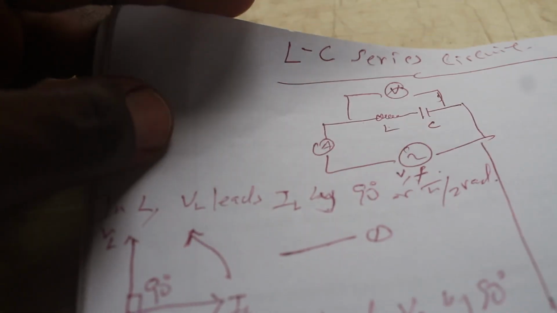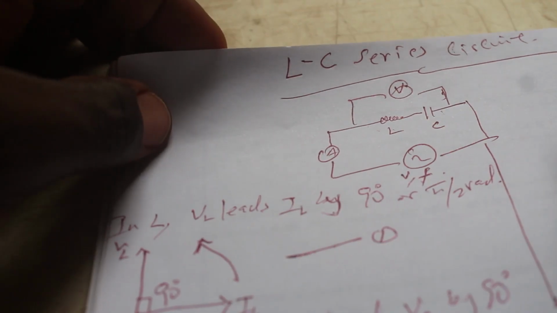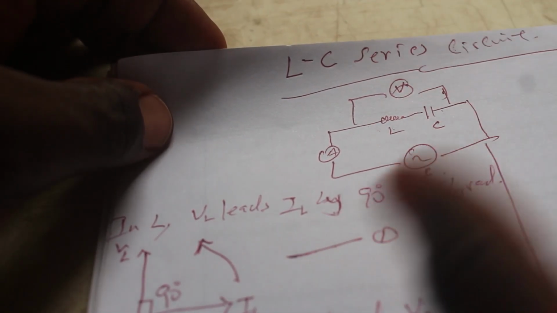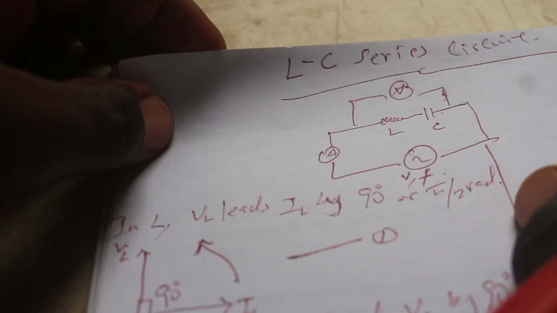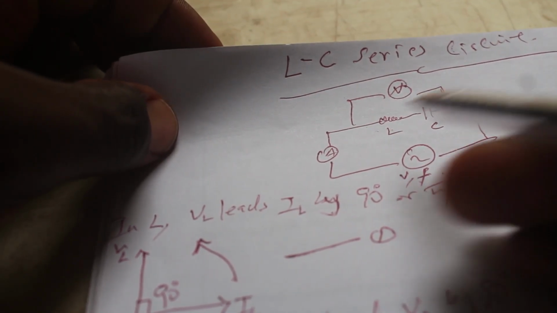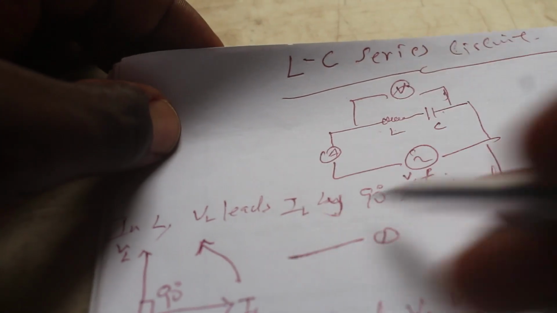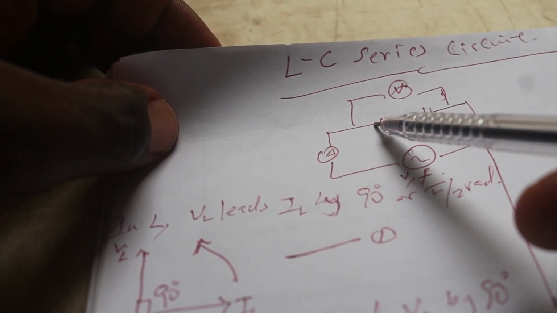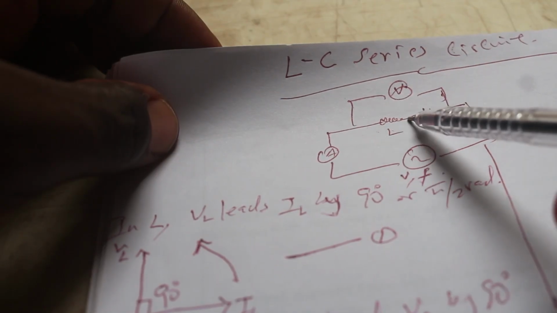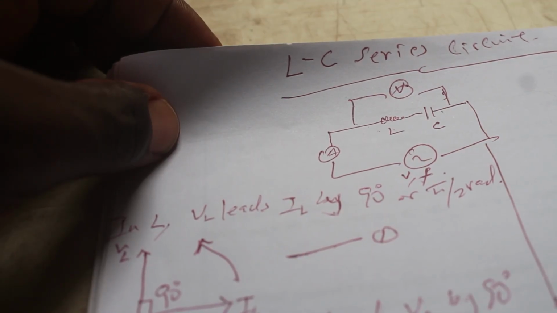Now, I want you to remember that these two components are connected in series. In an electrical circuit, it doesn't matter whether it is an AC circuit or DC circuit, you have the same current passing through all of them. Which means when you take your ammeter to measure the current passing through this and the current passing through this, you find out that they're exactly the same.